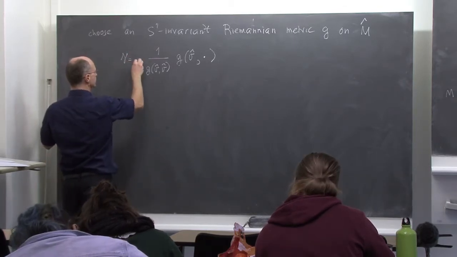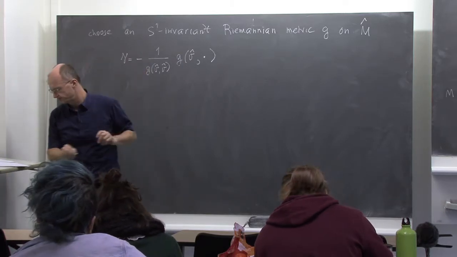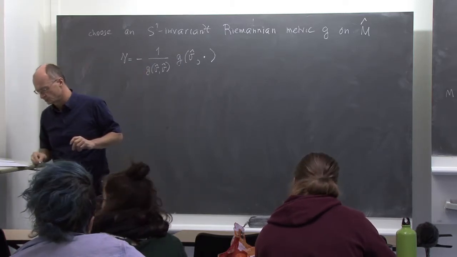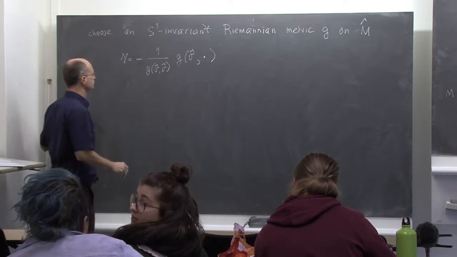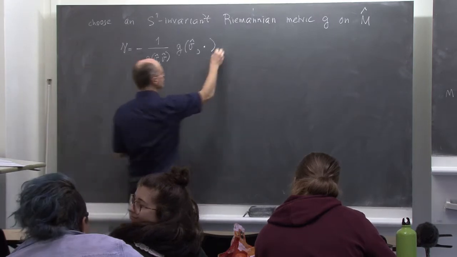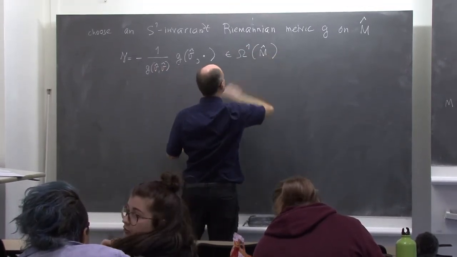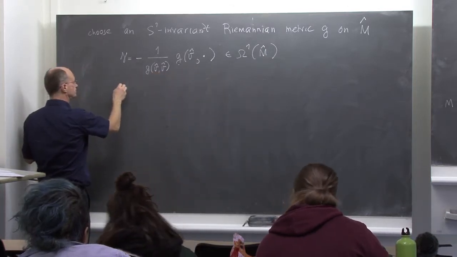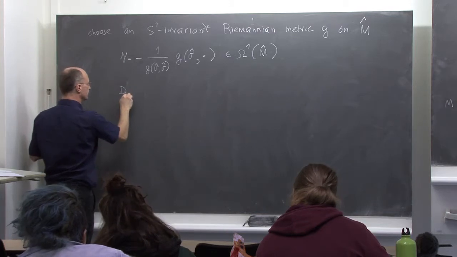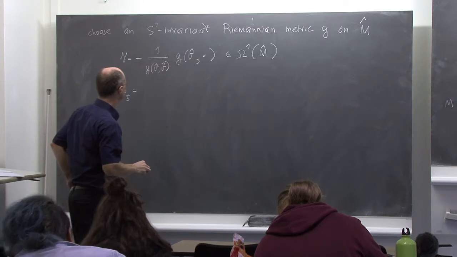Perhaps let me add a minus sign here. Right, let me add a minus sign. So this is a one form γ on M hat, and consider d ψ of this one form.